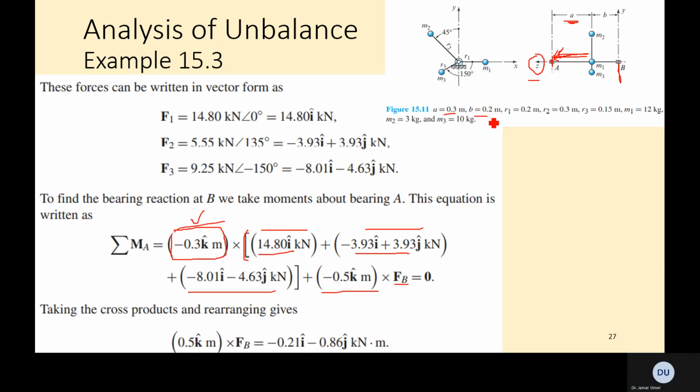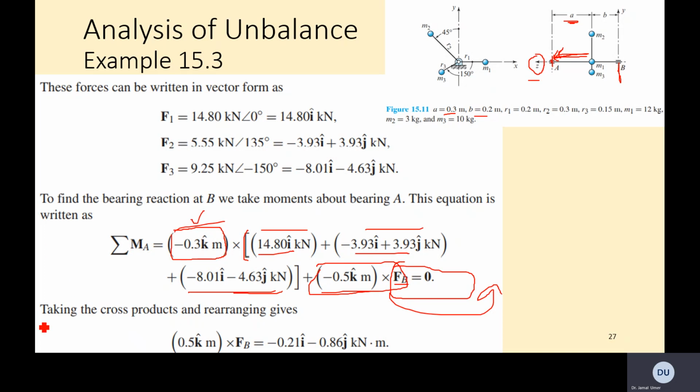So in the steps, you shouldn't divide. Rather, you solve this one, take this part to that side, and then produce such a vector FB which should be equal to this side. I think these two examples, 15.2 and 15.3, would be greatly helpful for you to practice this.